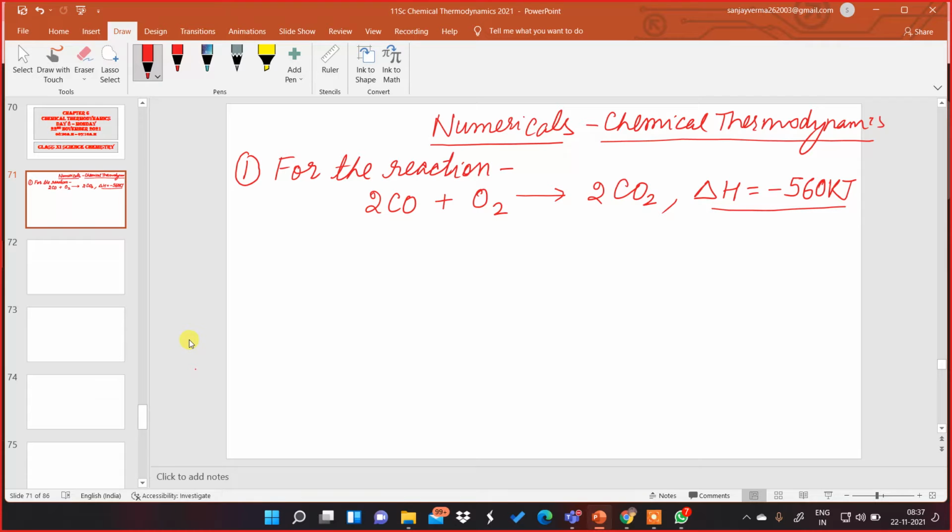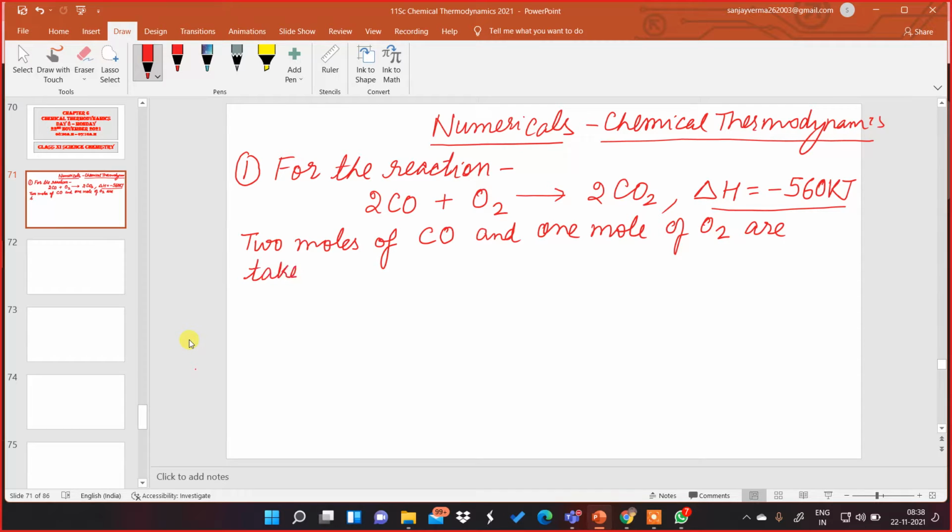Now the question is like this. 2 moles of carbon monoxide and 1 mole of oxygen are taken in a container of volume 1 liter.